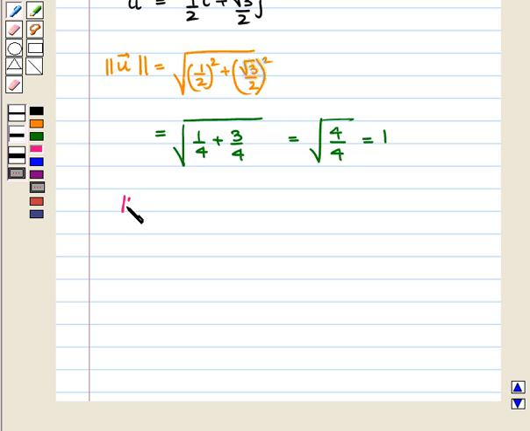So norm of u is equal to 1. Therefore, vector u is a unit vector.